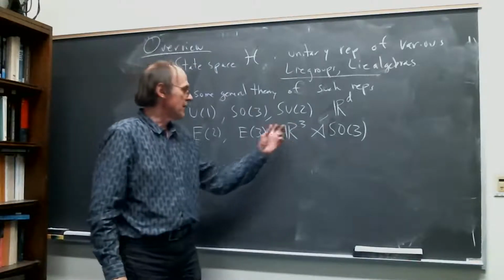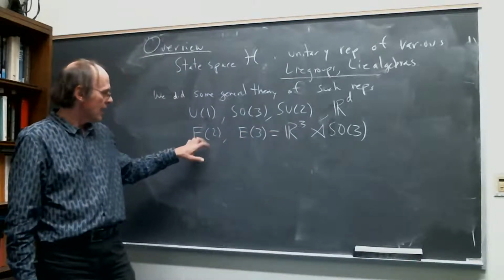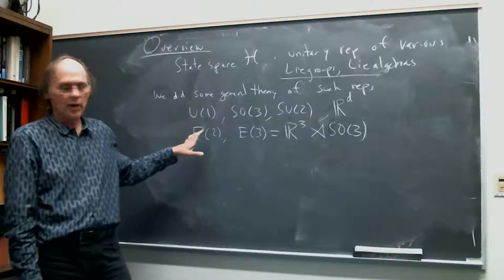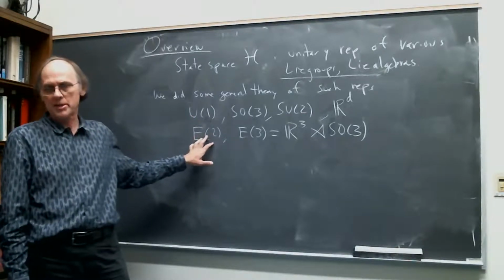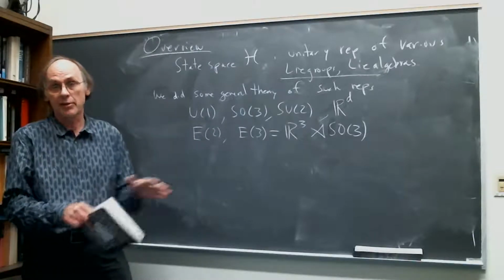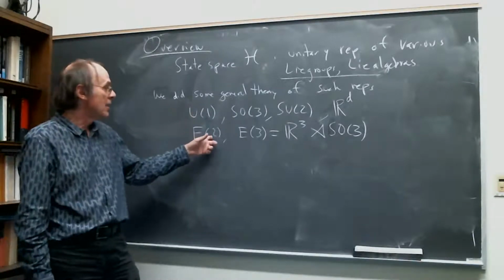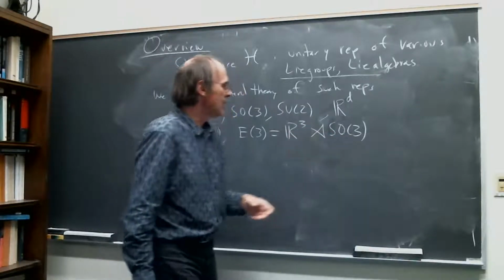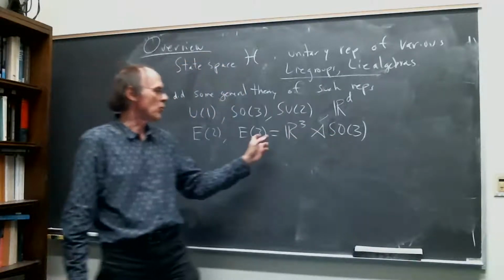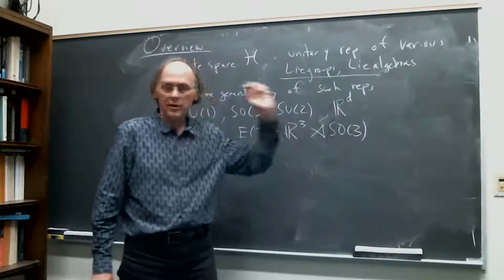I wrote down what all of the irreducible representations of E2 are. They are infinite dimensional representations, and for R3 and SO3, I think I at least stated at some point what the full list of irreducible representations is.